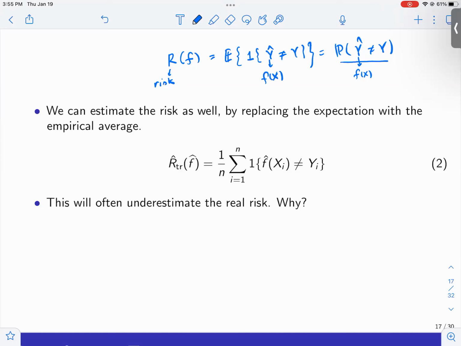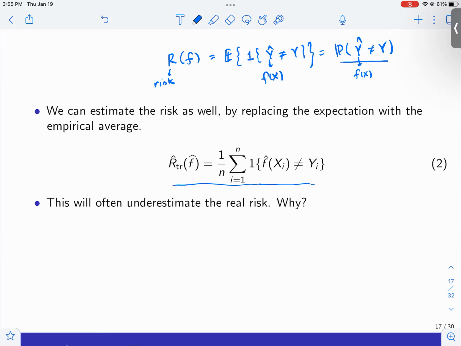To calculate this, I need the joint distribution of x and y, as we have seen before, hopefully, in the Oracle problem. I don't have it, so I use this instead. You can verify that this is equivalent to estimating the joint using the empirical proportions, and then using that estimate of the joint to calculate this probability.